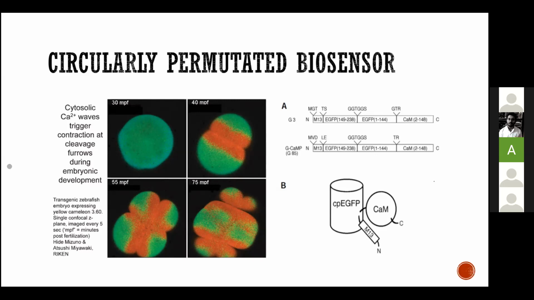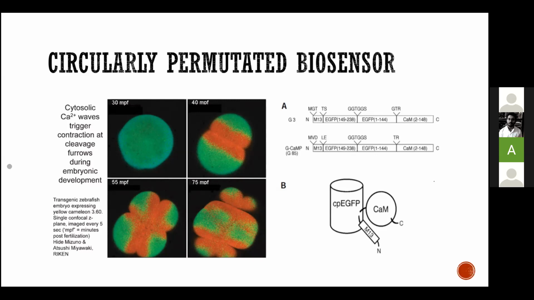So what they did was, in the first 30 MPF picture, you see a fertilized zebrafish egg, right? And this zebrafish egg is injected with this calmodulin biosensor. As I told you earlier, calmodulin senses calcium ion flux, right?